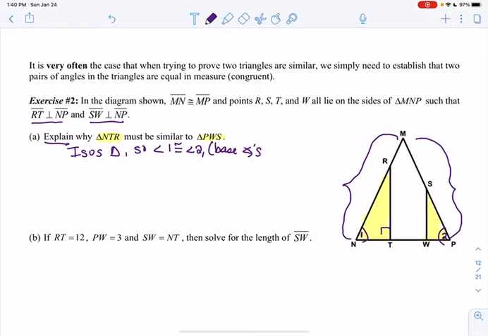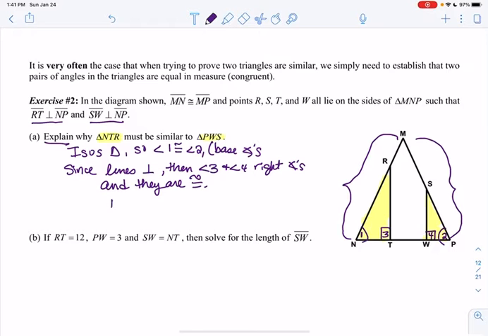So basically that would make angle 3 and angle 4 right angles. Since the lines are perpendicular, angle 3 and angle 4 are right angles, and they are congruent. Therefore, those triangles are similar by angle, angle.